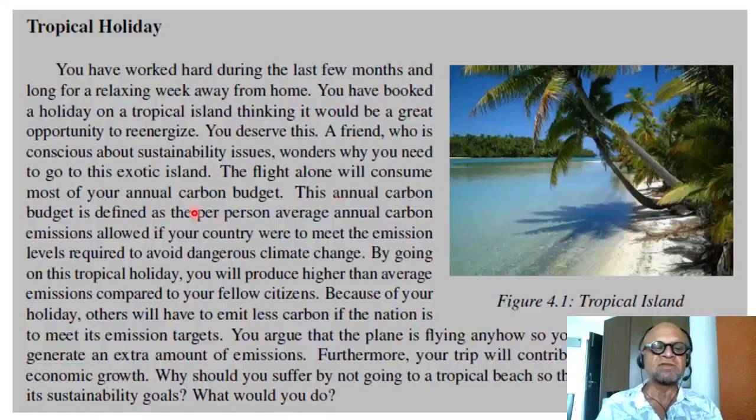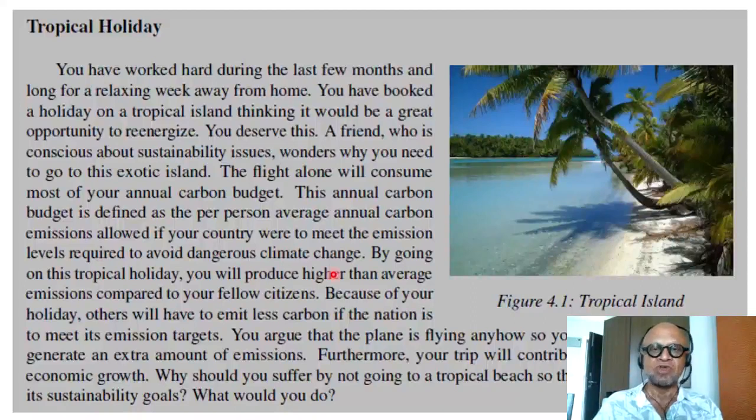The flight alone will consume most of your annual carbon budget, so your friend is making you guilty about your carbon budget. This annual carbon budget is defined as the per person average annual carbon emissions allowed if your country were to meet the emissions levels required to avoid dangerous climate change.